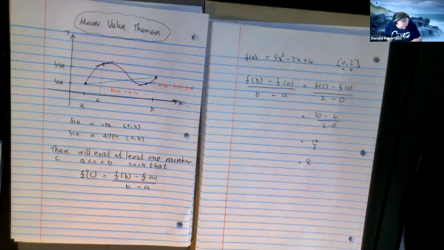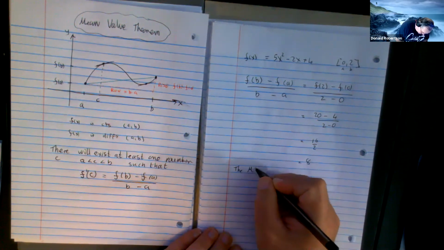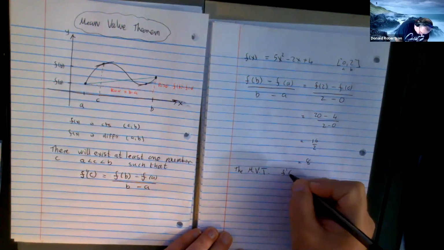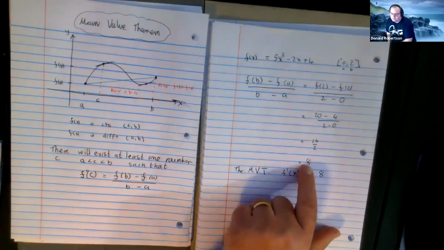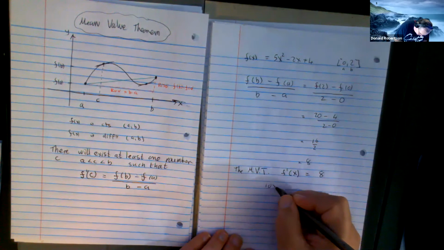So according to the mean value theorem, MVT for short, there is guaranteed to be a place where the derivative is 8, the average slope. Now, the derivative of this function is 10x take away 2.